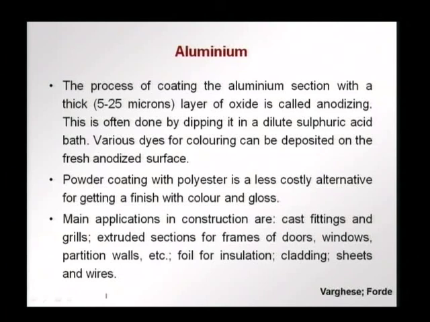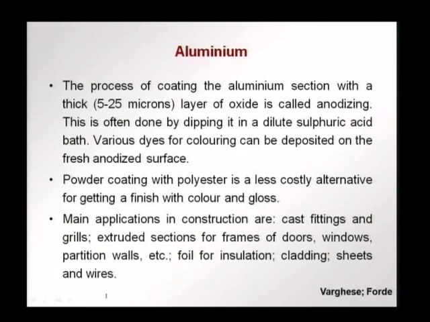The thickness of this layer, depending on whether it is for external usage or interior, can vary from 5 to 25 microns, and one way of achieving this oxide layer is by dipping the aluminum section in dilute sulfuric acid, and for coloring the anodized surface various dyes are deposited in the anodizing process and stabilized within the oxide layer. So, we have a colored surface in addition to a corrosion resistant surface.